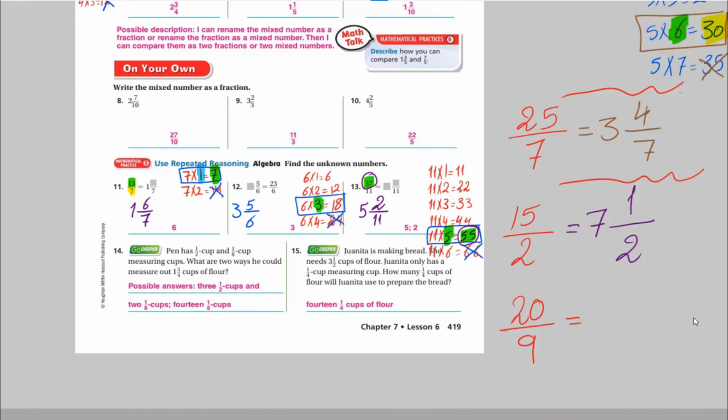So we're going to write what here? 9 for the denominator, and for the whole number we're going to write 2. Excellent. And for the numerator up here? The numerator is 2. So our answer is 2 and 2 over 9.